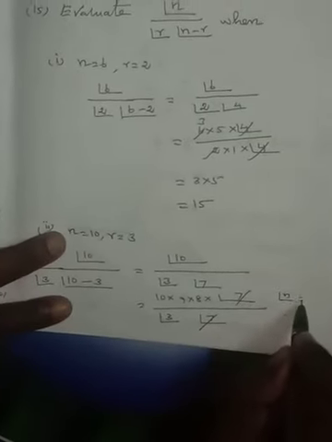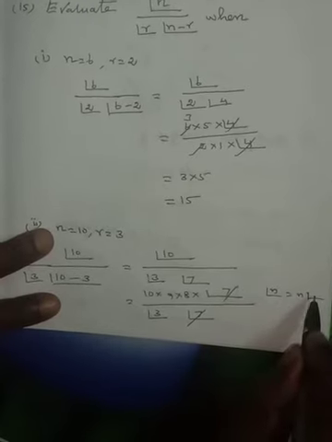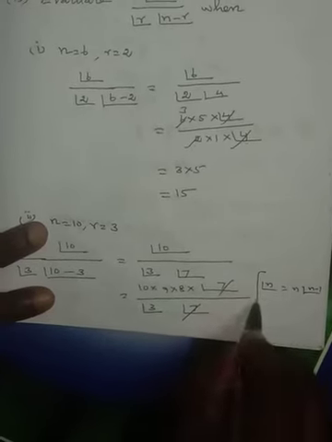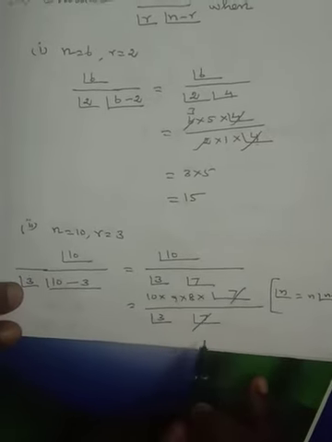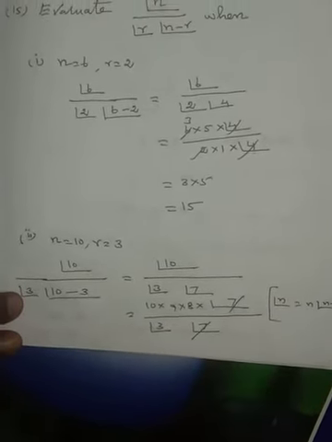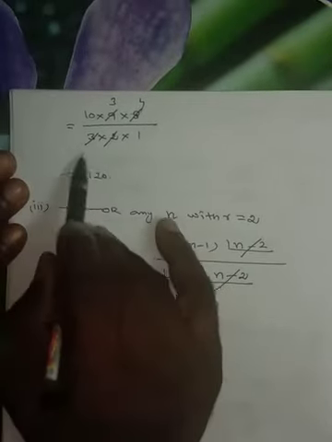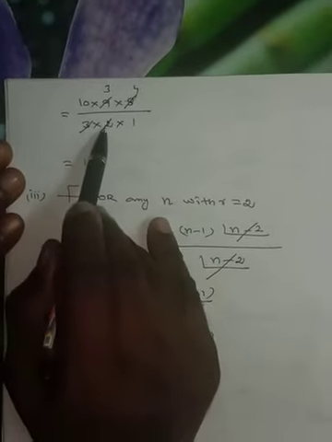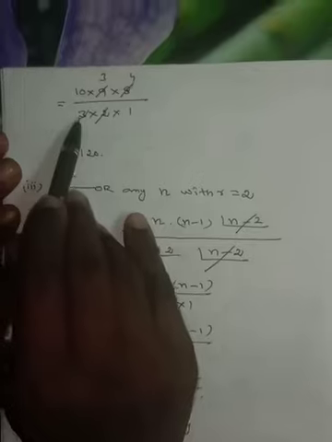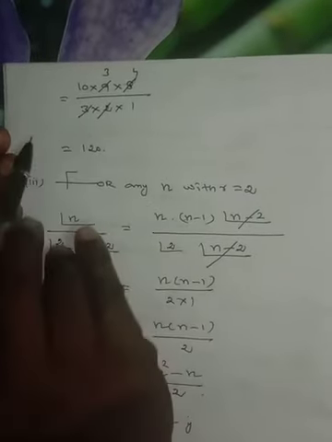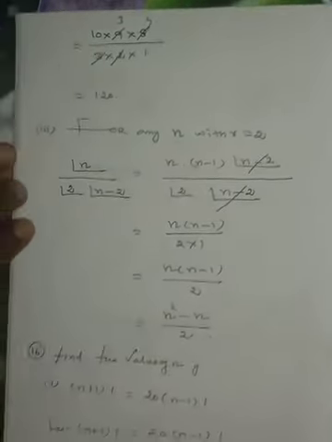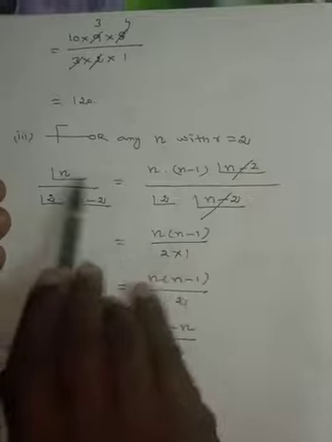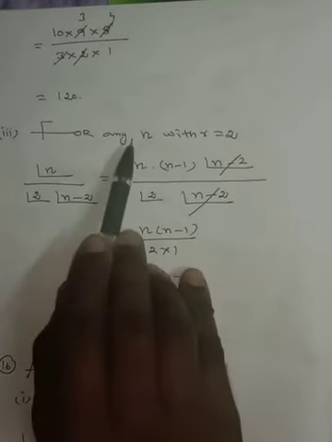Now the denominator is 3 factorial into 7 factorial. 7 factorial cancels, 3 into 2 into 1. Cancelling these, 1 2 is 2, 4 2s are 8, 3 3s are 9, 9 into 8 is 72, therefore 120.